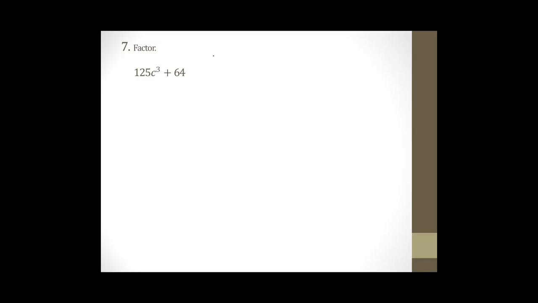So this looks like a cubed plus b cubed. And we factor that like this: a plus b times a squared minus ab plus b squared. So we need to identify what the a is and the b is.